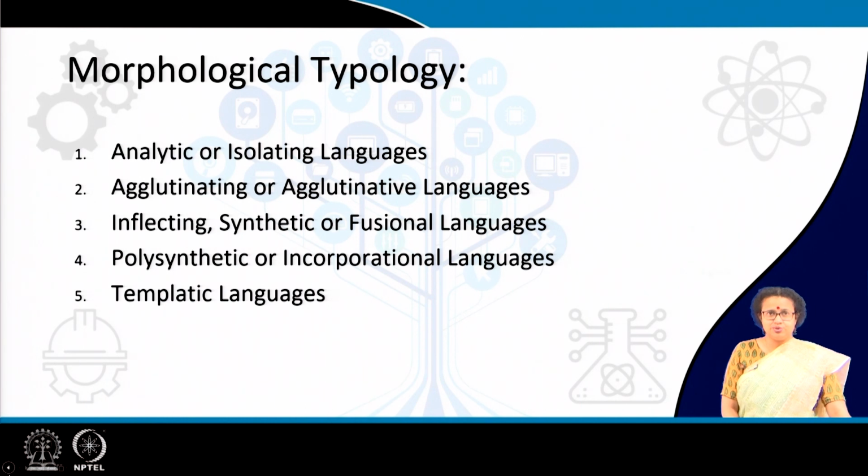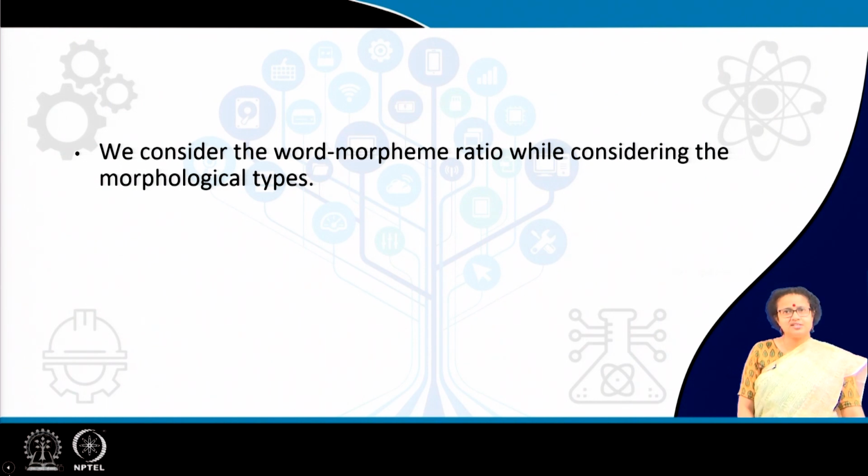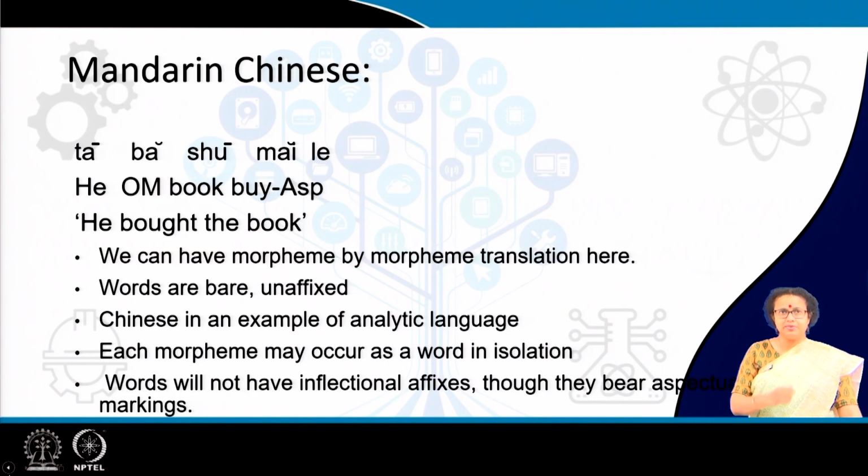The first one is analytic or isolating languages, second is agglutinating or agglutinative languages, the third is inflecting, synthetic or fusional languages, fourth is polysynthetic or incorporational languages, and the fifth one is templatic languages. We consider the word morpheme ratio while considering the morphological types. This is something that we have to remember.